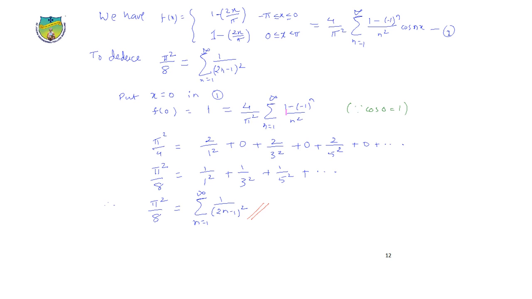So 0, when n equal to 3, it is again 2 by 3 square, n equal to 4, it is again 0, n equal to 5, it is 2 by 5 square, etc. So that is nothing but pi square by 8 equal to summation of 1 by (2n minus 1) whole square. So that completes this problem.